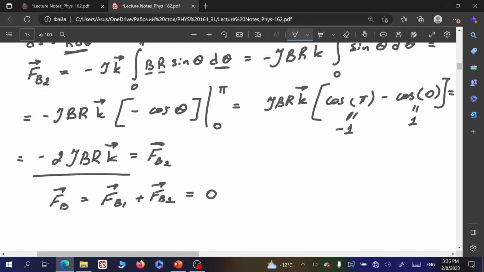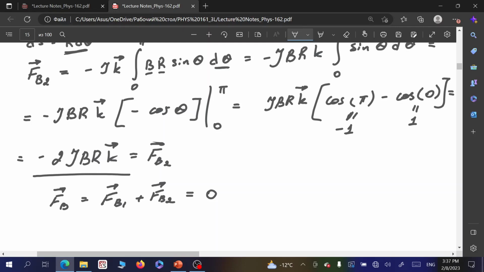Obviously, if we consider separate segments, there will be some magnetic force exerted on them when electric current is flowing. However, if we calculate the net magnetic force exerted on the loop in general, it will always be equal to 0.